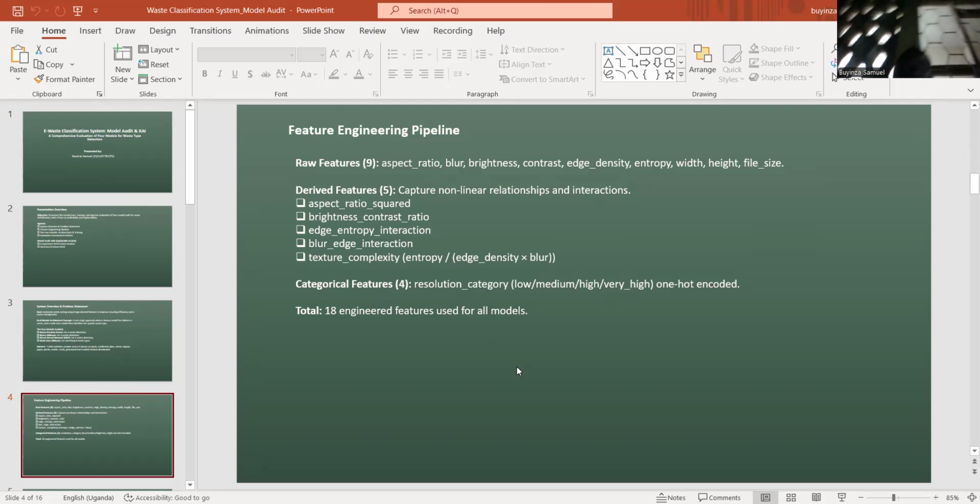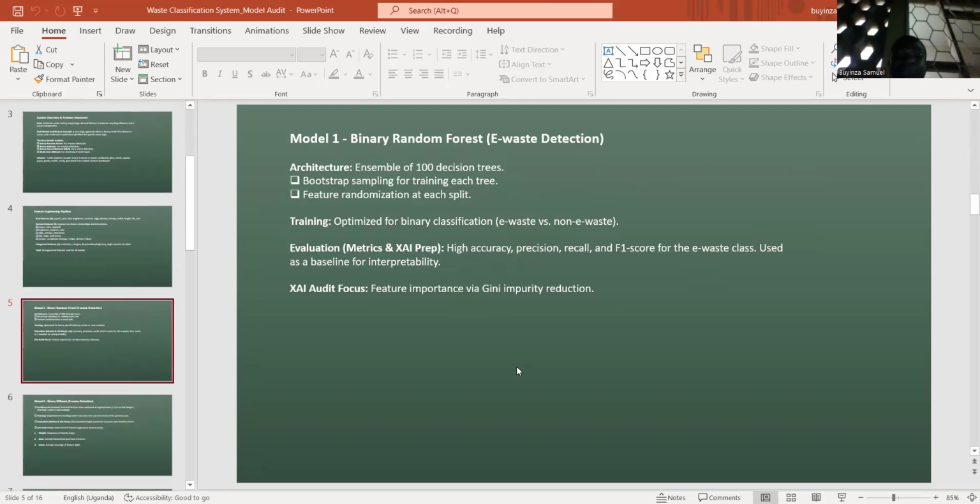Then the categorical features, that is the resolution category being low, medium, high, very high, one-hot encoded, giving us a total of 18 engineered features that are used for all the models.